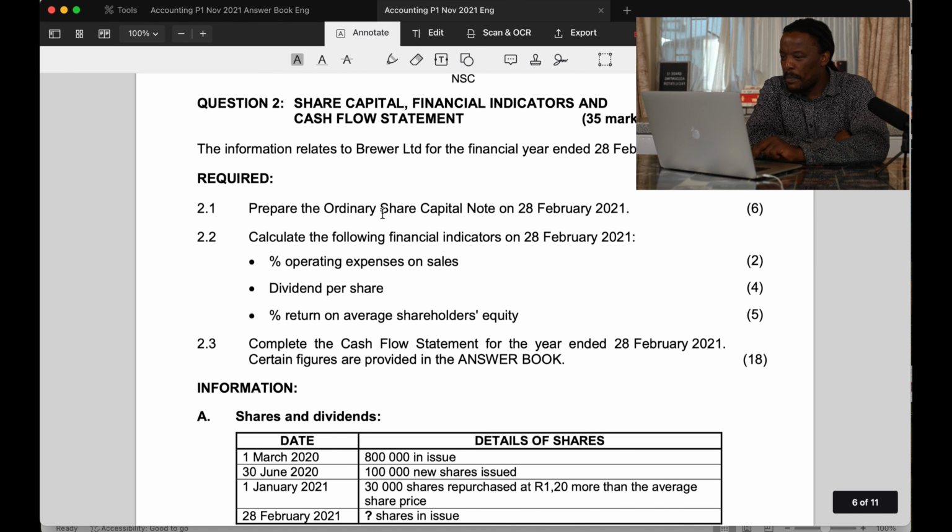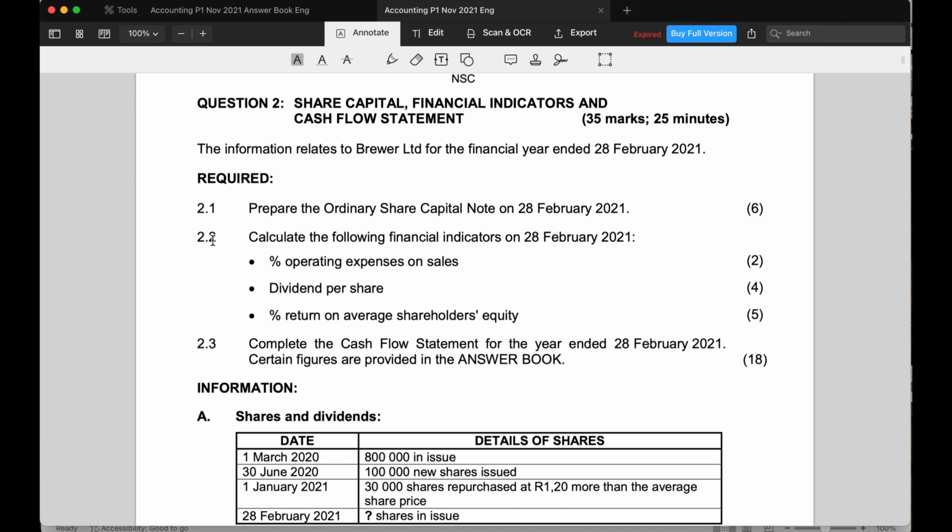So you look at question 2. Required, prepare the ordinary share capital note on 28 Feb 2021. And this information relates to Brewer Ltd for the financial year ended 28 Feb 2021. 2.2, calculate the following financial indicators on 28 Feb.